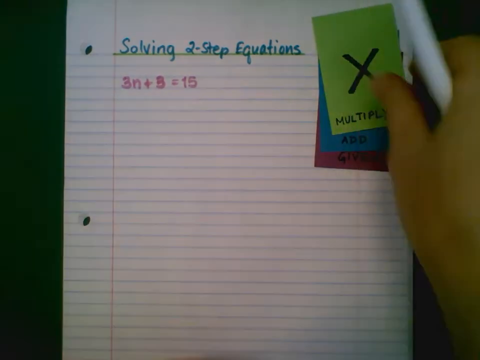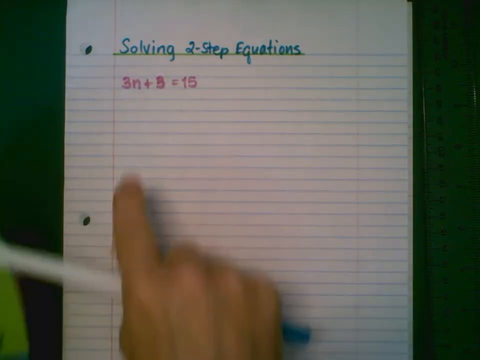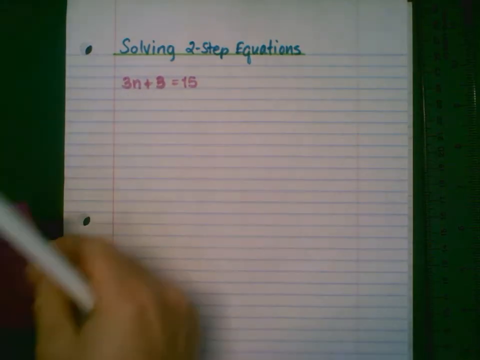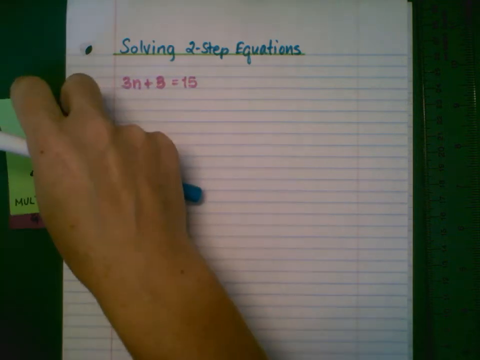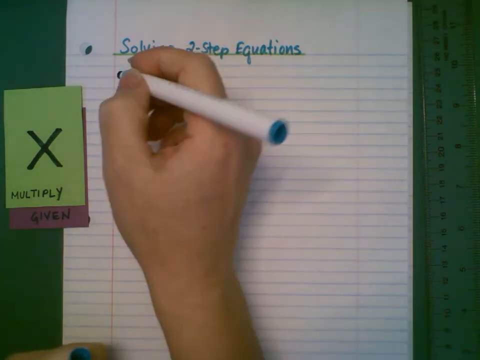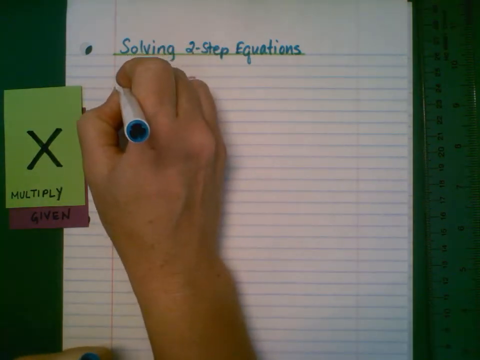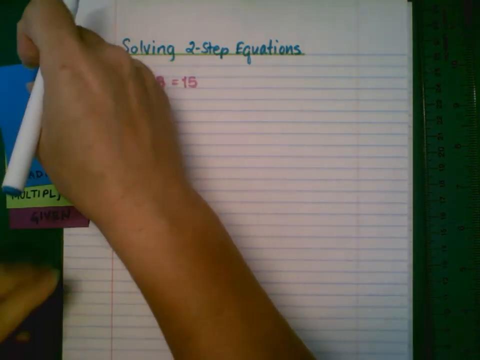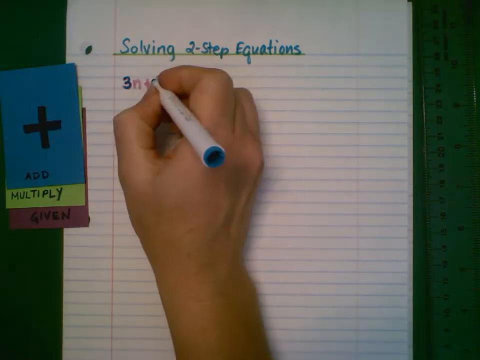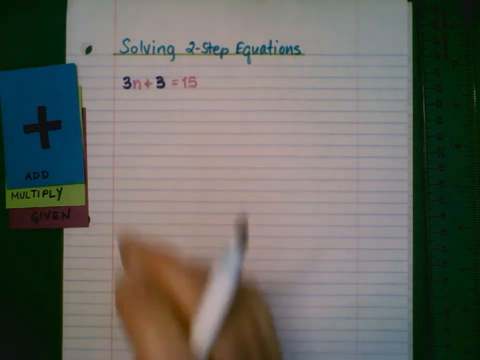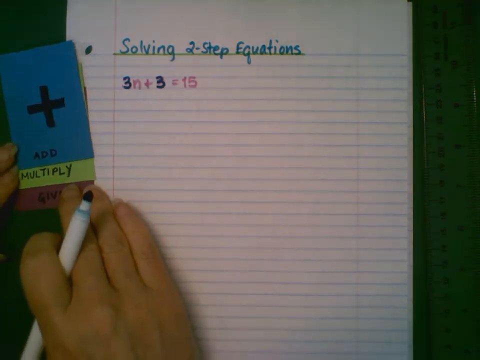In this case, my given is this variable n, and it has been multiplied by 3, and it has had 3 added to it. Like this.